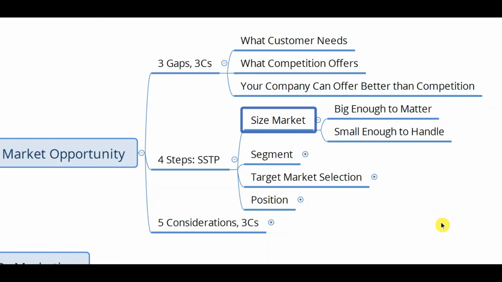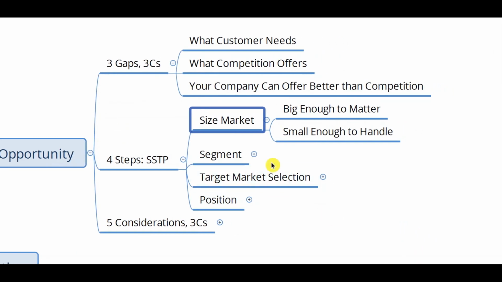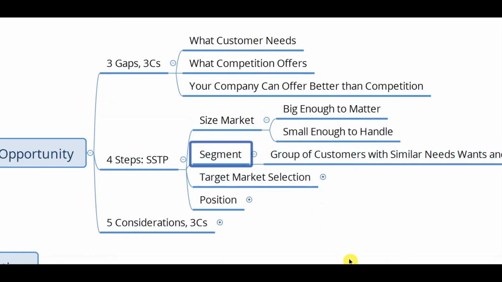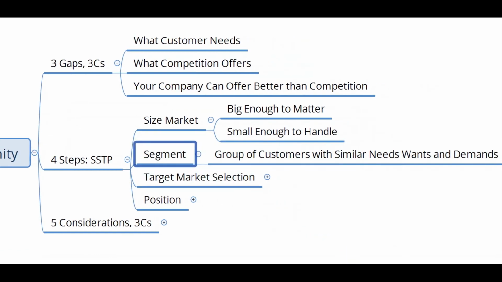So if it's too big or too small, then it might not make sense to take advantage of the market opportunity. Segments are a group of customers with similar needs, wants, and demands, and therefore the answer to their needs, wants, and demands may be a product that's similar. There's one product that will satisfy this group because of the similarity of their needs, wants, and demands.